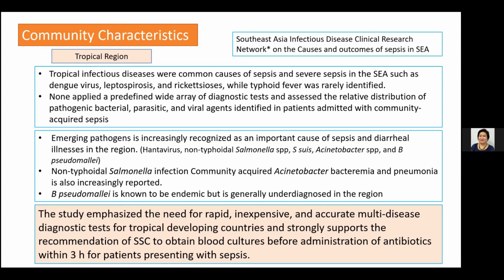However, none applied the predefined wide array of diagnostic tests and assessed the relative distribution of pathogenic bacterial, parasitic, and viral agents identified in patients admitted with community-acquired sepsis. There were also emerging pathogens that were recognized as an important cause of sepsis and diarrheal illnesses in the region.